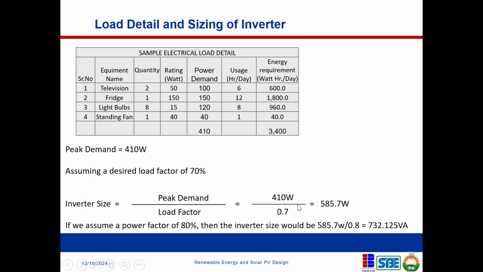So in this case, our demand is 410, but we want to assume a load factor. Now, a load factor is a safety margin. I would advise that the maximum you should go is about 70%, and this allows for fluctuations and inrush current.